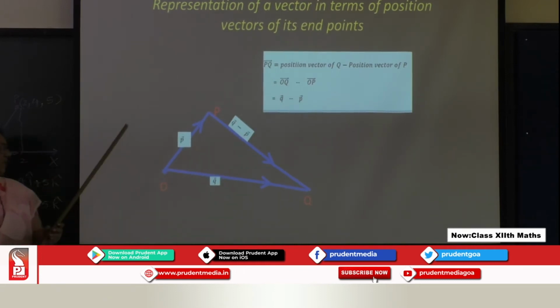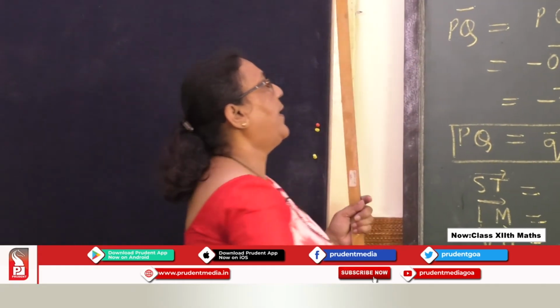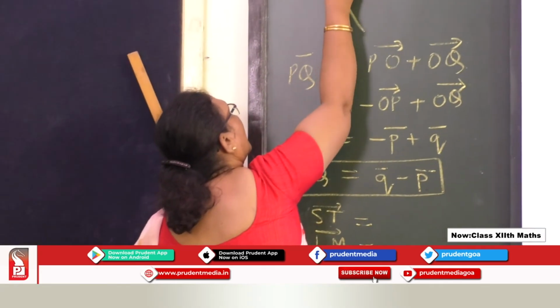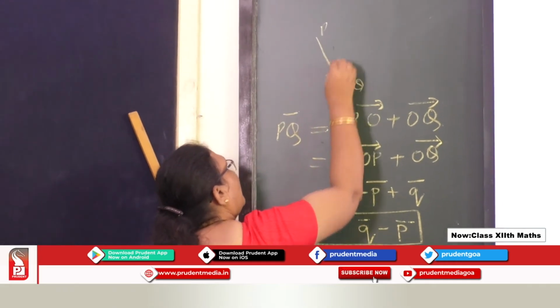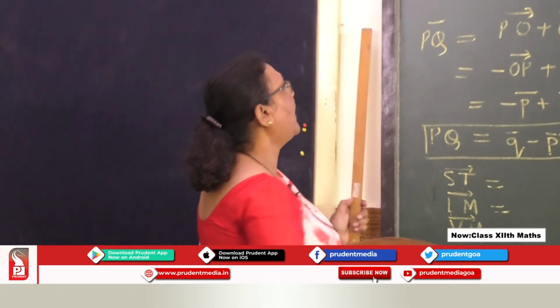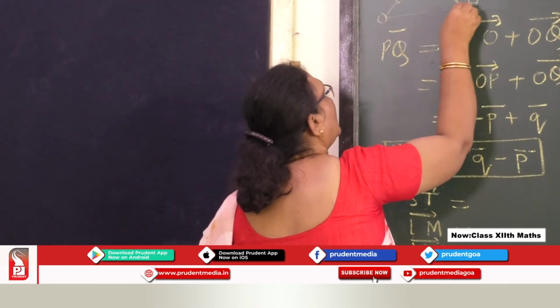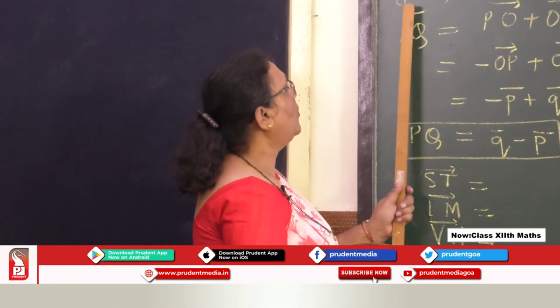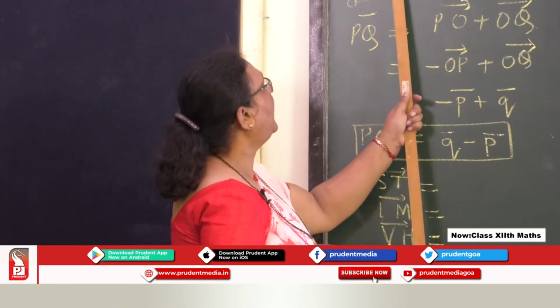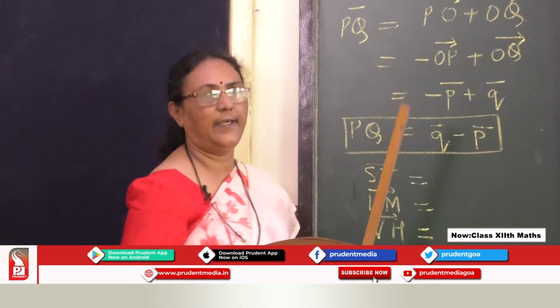I will explain this one more time, see here. We had seen vector P to Q, the vector moving from point P to Q. So it is the same as P to O and O to Q. This is the triangle law of vector addition.